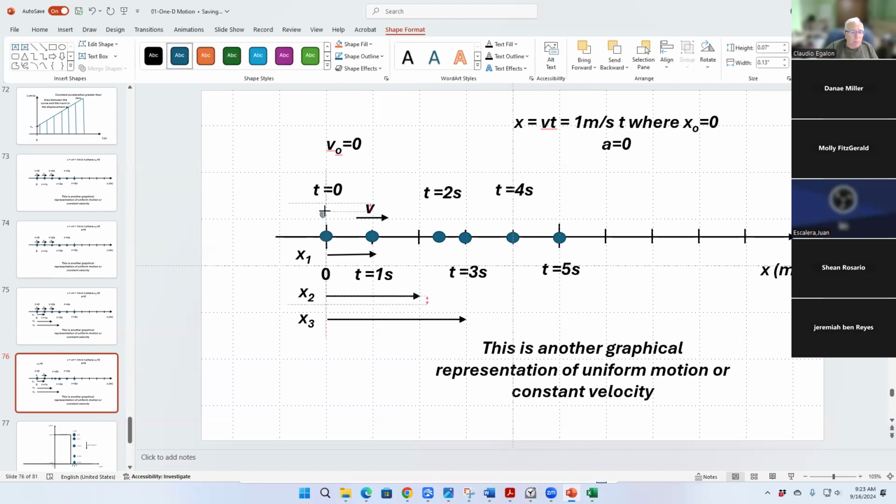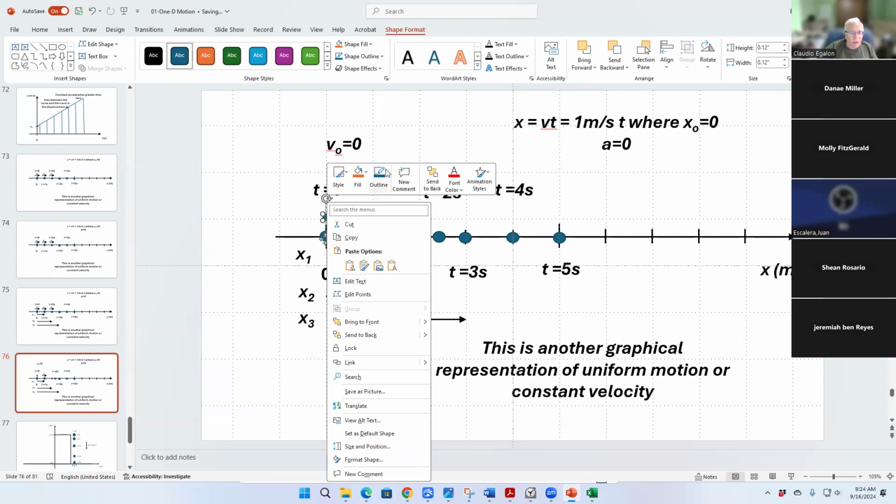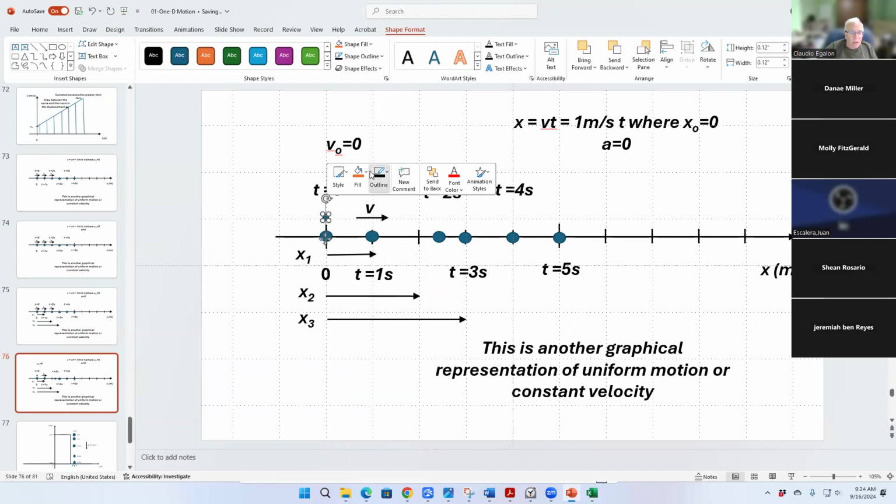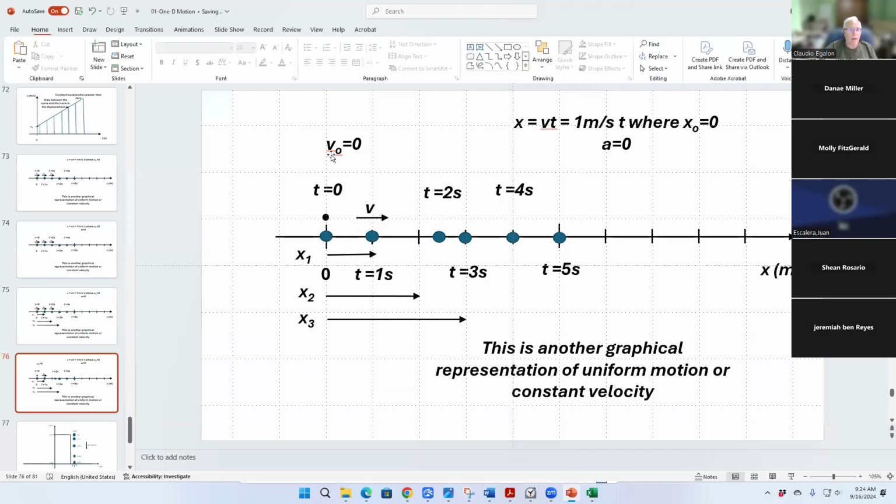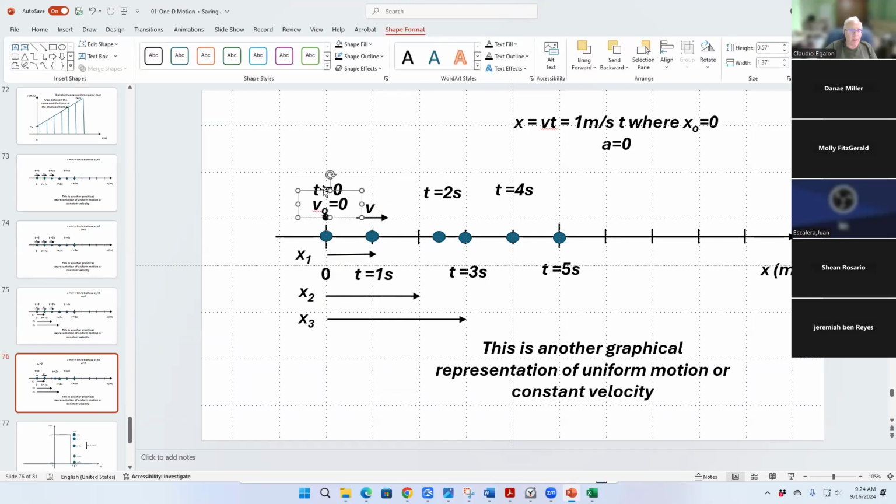A dot means an arrow that has 0 length. I'm going to put it right here. Let's put t0. And now this other one is going to be my v1. The other one is going to be v2.